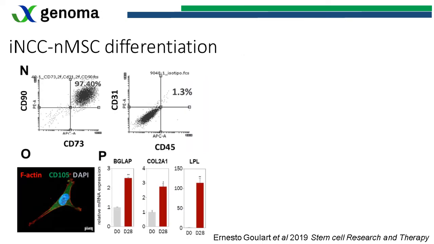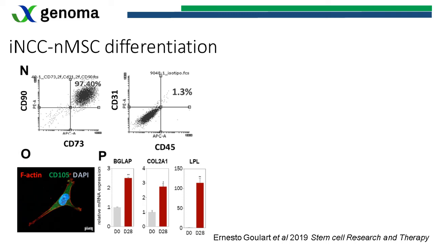And finally, let's look at the mesenchymal differentiation. So we stain our cells at the end of the differentiation for mesenchymal markers such as CD90 and CD73, but we also check the expression of endothelial and hematopoietic markers such as CD31 and CD45. So we show that there's basically no contamination whatsoever.